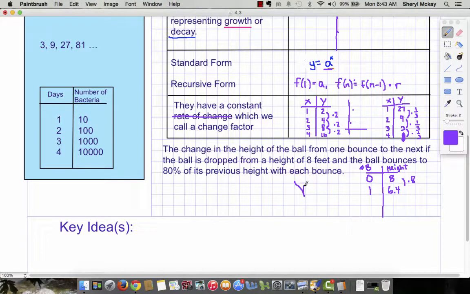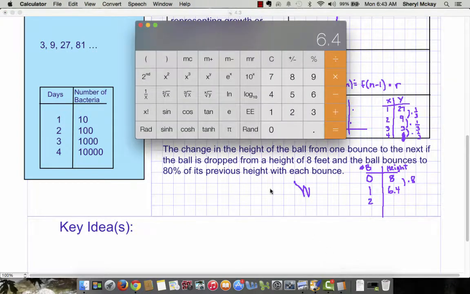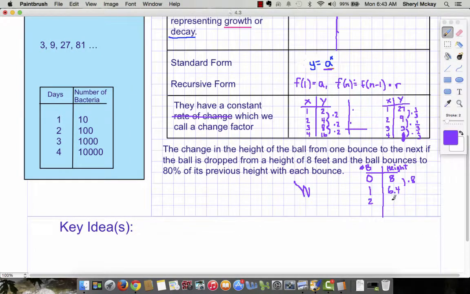On the second bounce, the ball came down and it only went 80% of 6.4. So that's bounce 2, and we need to know what 80% of 6.4 is. So I'm going to take 6.4 times 0.8. And I get 5.12. Again, from 6.4 to 5.12, we multiplied by 0.8.